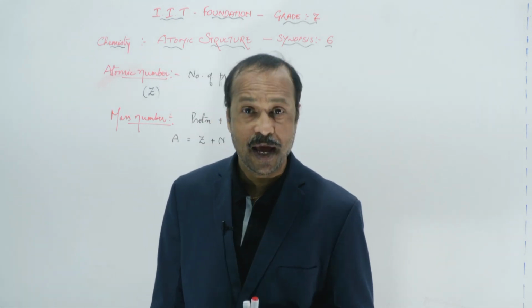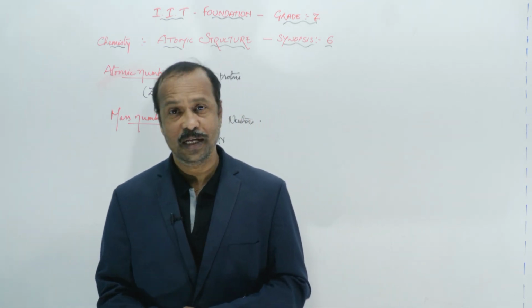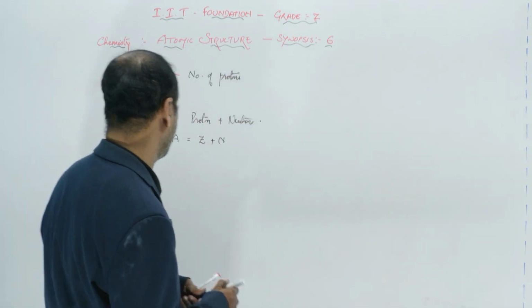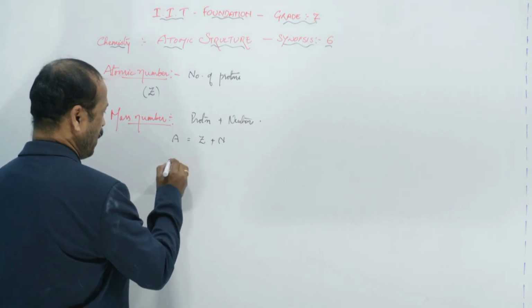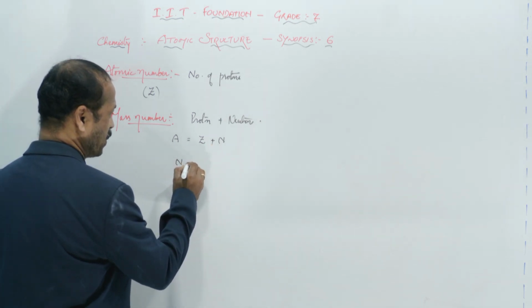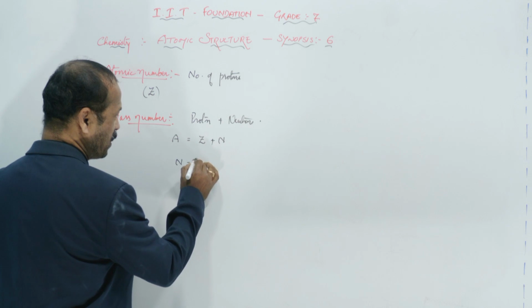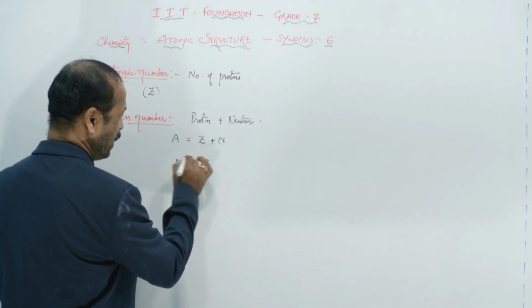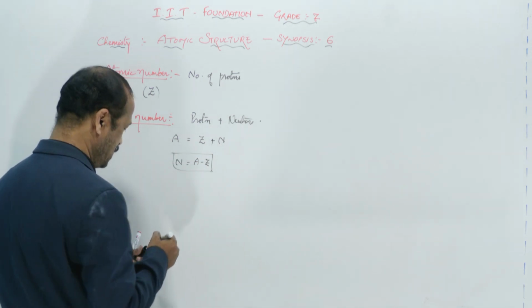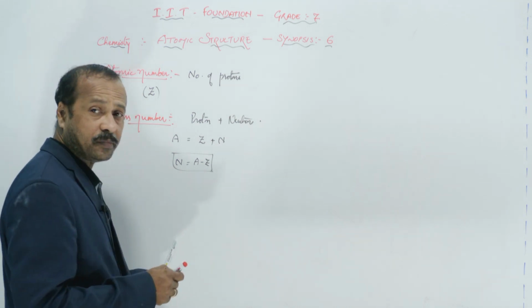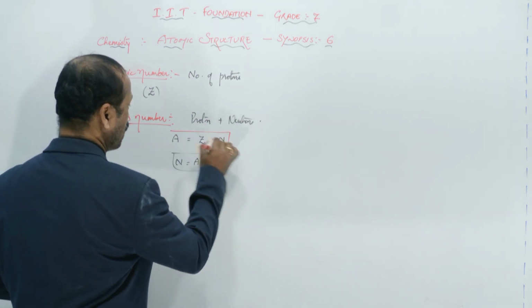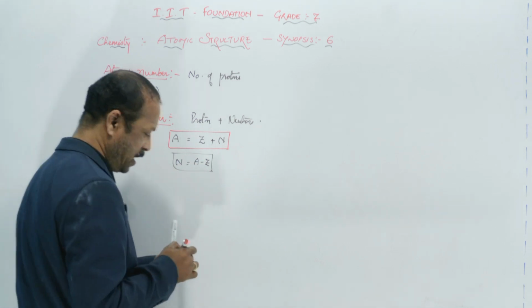Atomic number. N, number of neutrons. So A = Z + N. If we want to find N, the number of neutrons, then bringing Z to this side, it becomes A minus Z. A minus Z. So this is the formula to find the number of neutrons in an atom.